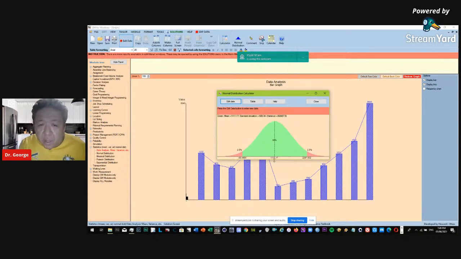So that means that if the mean is 1111.17, then you are 95% sure, or 95% of all the data would be between negative 65. Of course, there's no negative sales. So this is just an analysis based on the mean minus 2 point something standard deviation. That's the reason for that, because the standard deviation is high. So 600 standard deviation, that is the diversity, the dispersion of the scores.